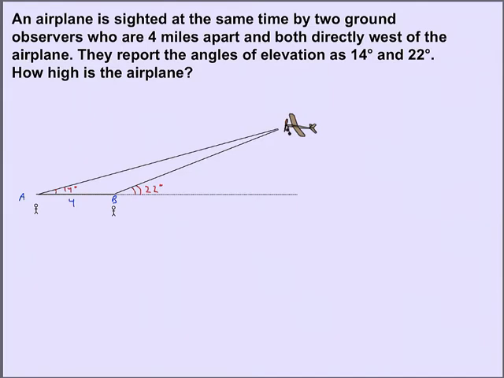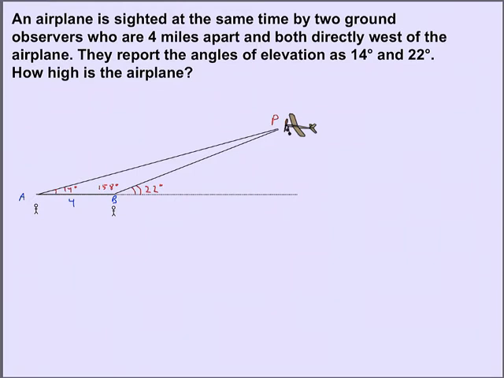Of course, we can figure out what angle is inside the triangle if we just subtract 22 degrees from 180. That means the obtuse angle B inside the triangle is 158 degrees. I'll call this point P for plane.